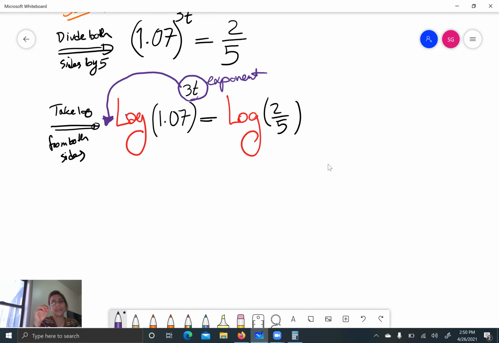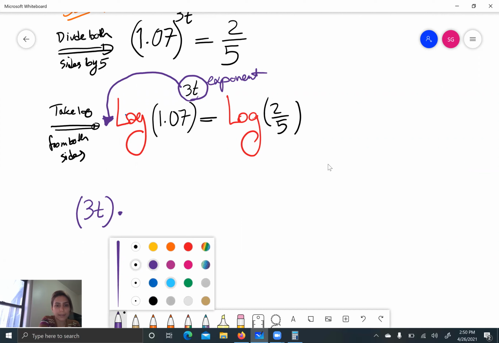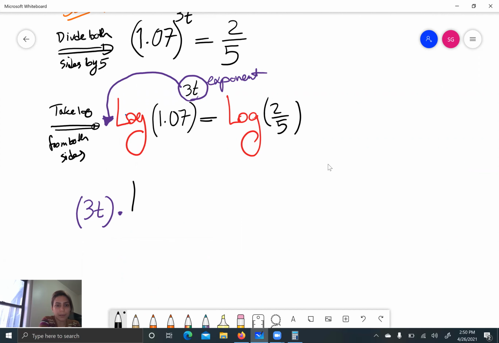So instead of log of the base to the power of 3t, I can rewrite it as the multiplier 3t times log of 1.07 equals log of 2/5.